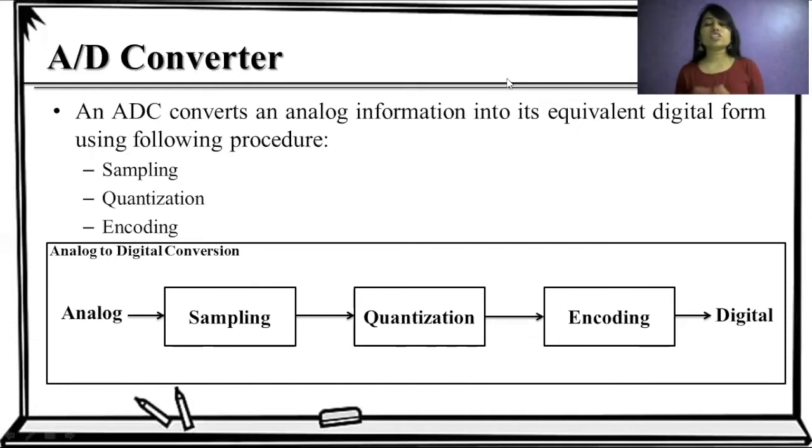Then in the quantization block, the sampled value can be discriminated into different levels, and after labeling we can encode the information into digital form. So this is how, using three procedures, we can convert analog information into digital form. Let's discuss one by one what sampling, quantization and encoding are.